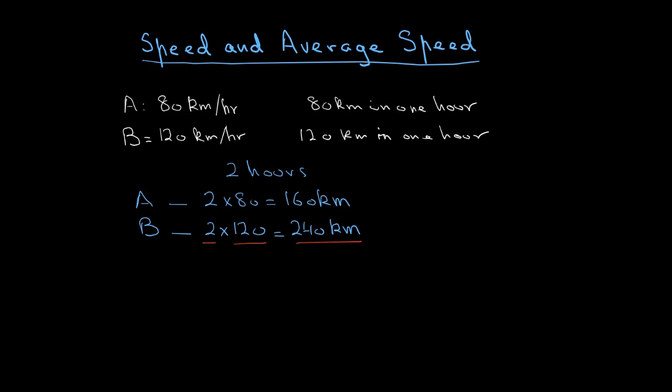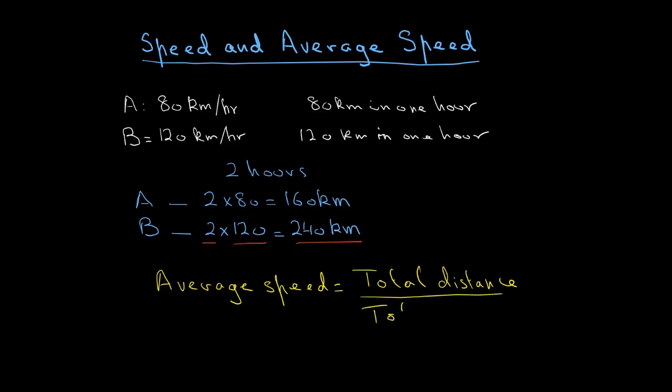So what we can say is that the average speed, and we always calculate the average speed, is equal to the total distance divided by the total time.